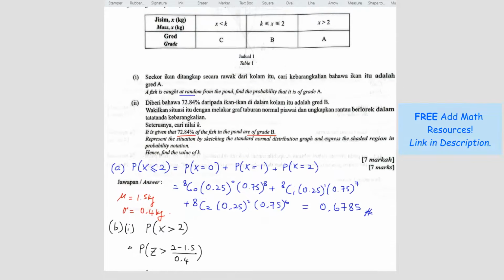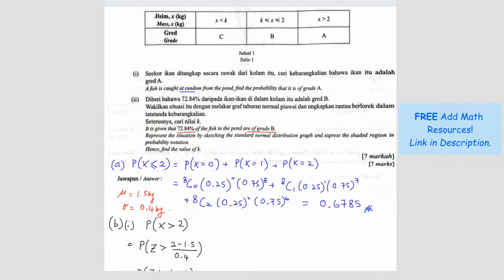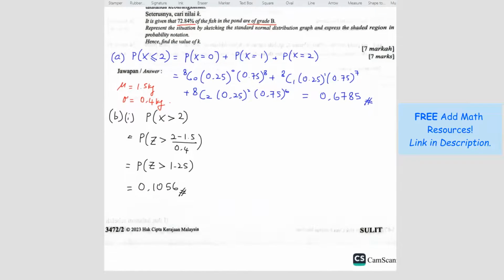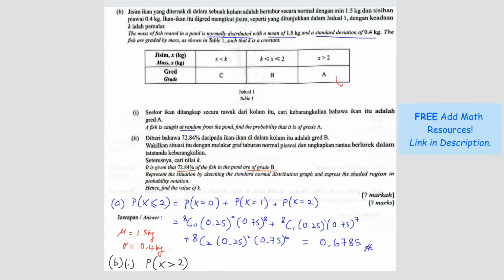So first of all, we know that this probability here is 0.1056. So the grade A is 0.1056. Now they are saying that this probability is 0.7284. So that's the probability.